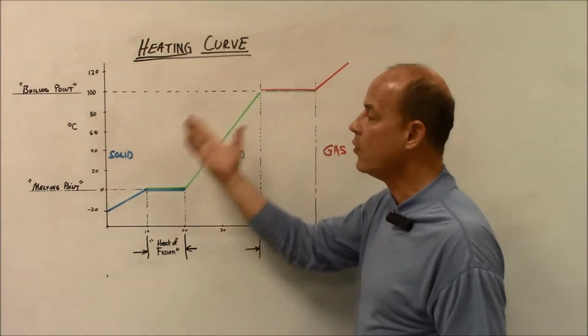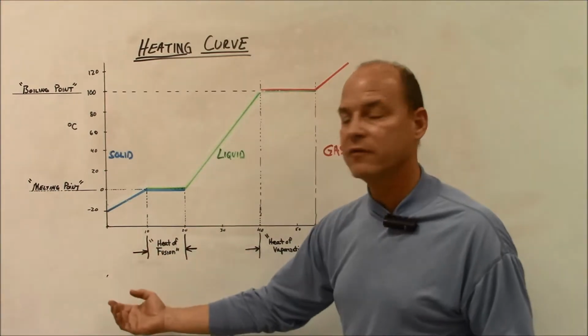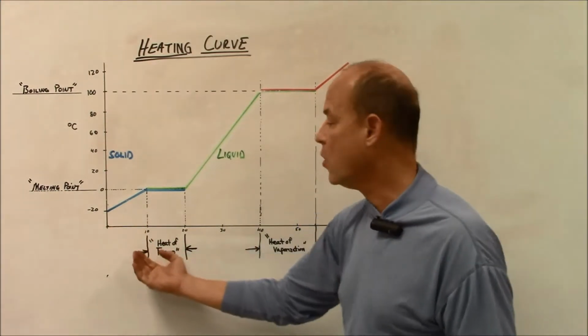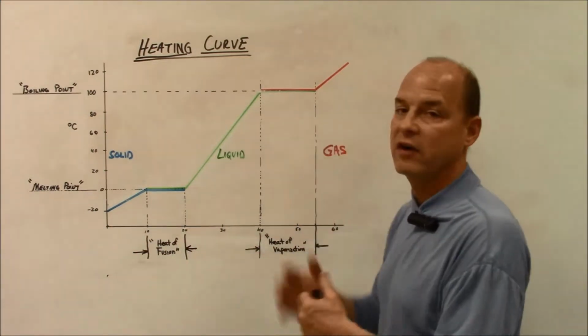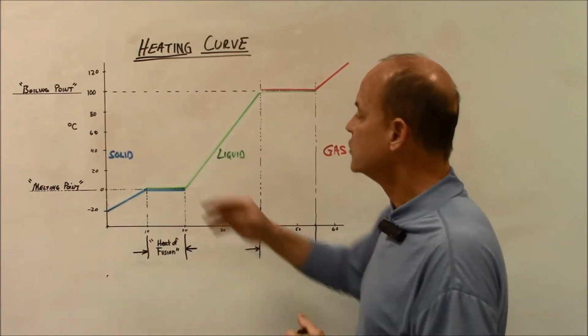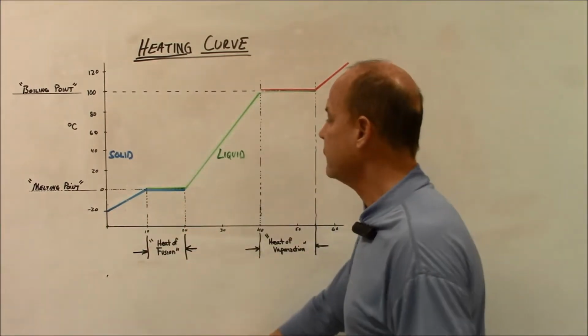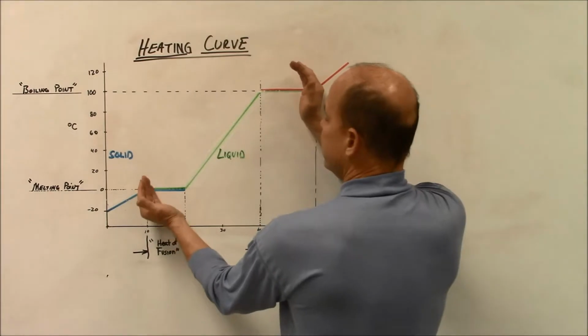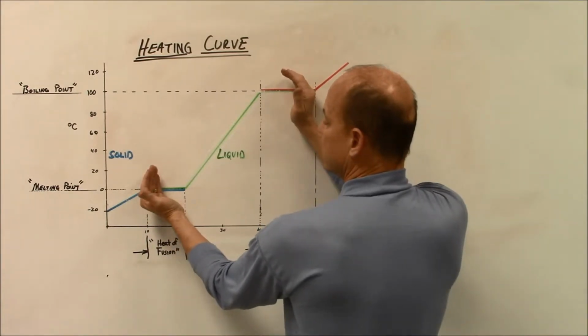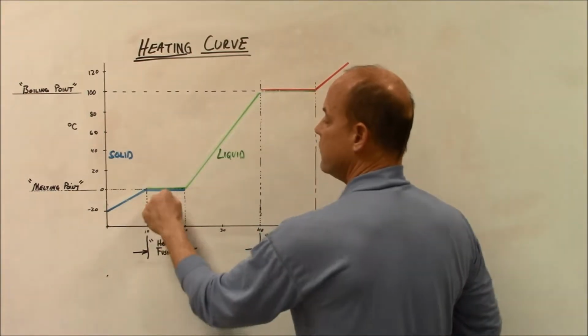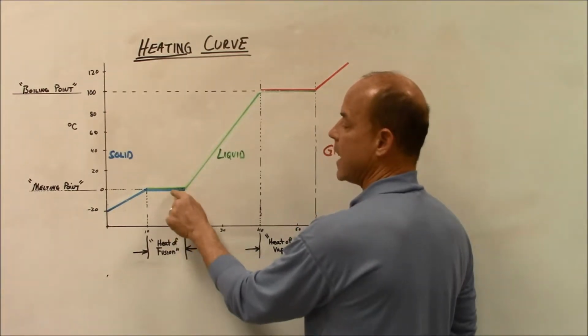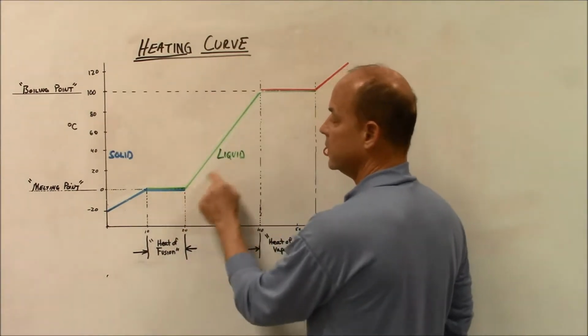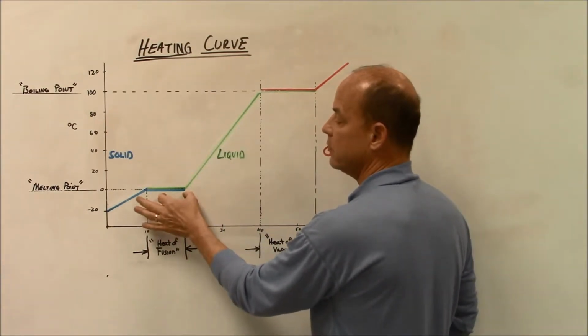So this is the whole process of heating the water from starting out very cold to very, very hot. When we were in class, maybe we only saw this portion of the curve, where we had a period of time where we had ice and water, liquid and solid water, in the beaker.